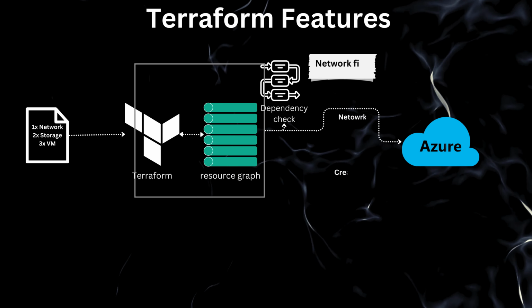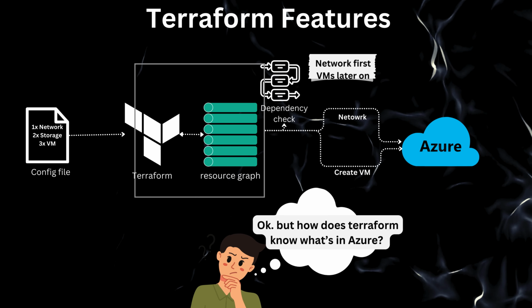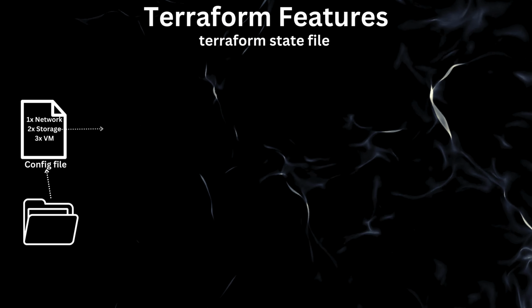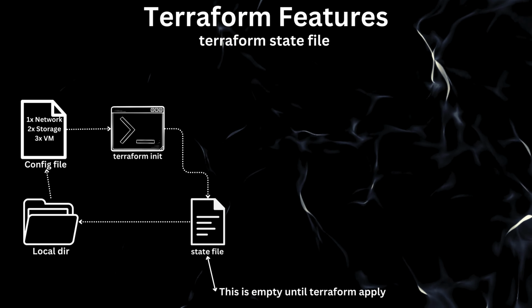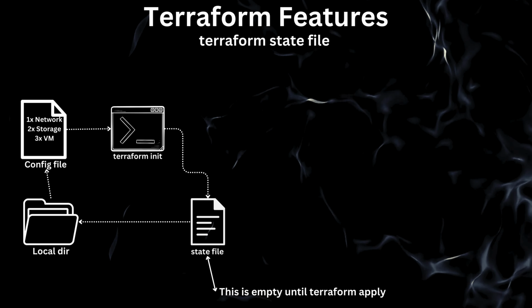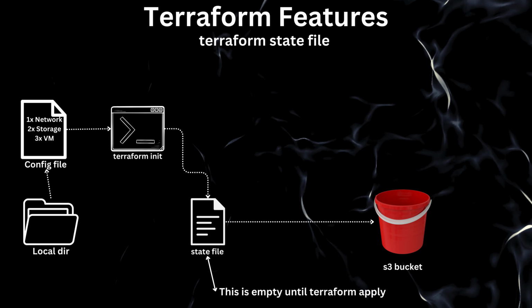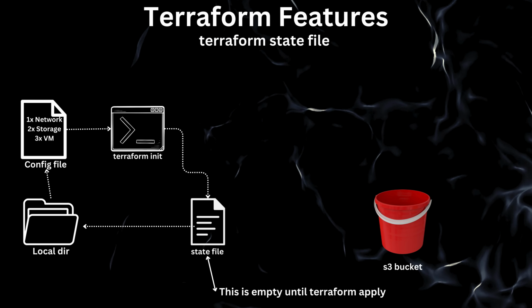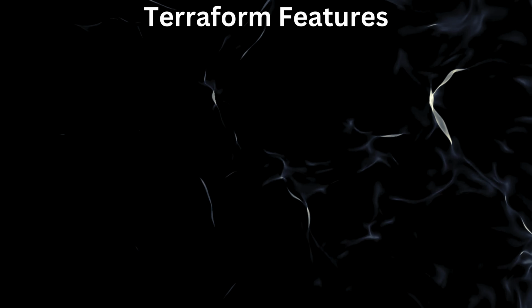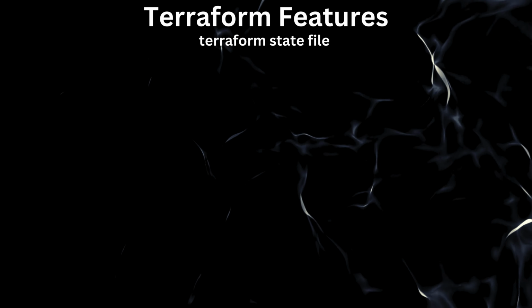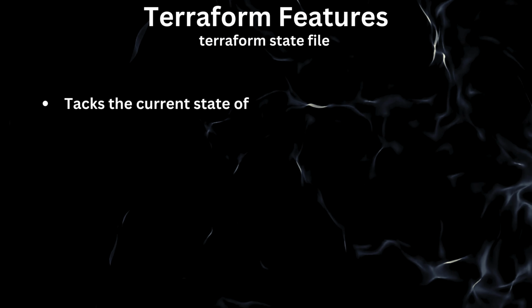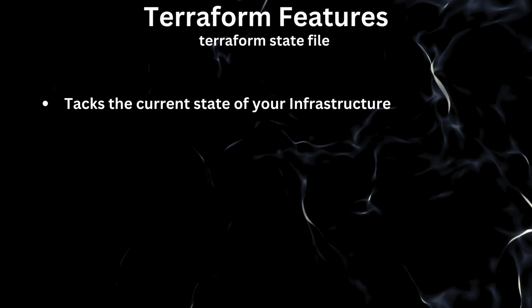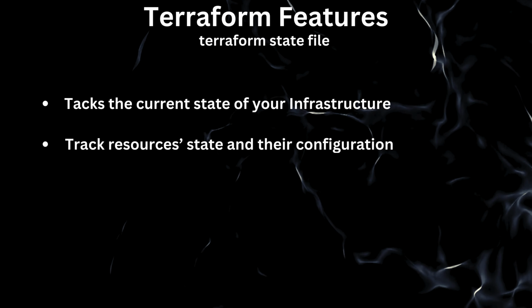You may be wondering, how does Terraform know what kind of resources it is creating? Terraform creates a state file in the working directory. You could store that state file locally or remotely. We will look more into it in upcoming videos. But to understand, the state file is basically a tracker for Terraform to know what resources it has created and their configuration.